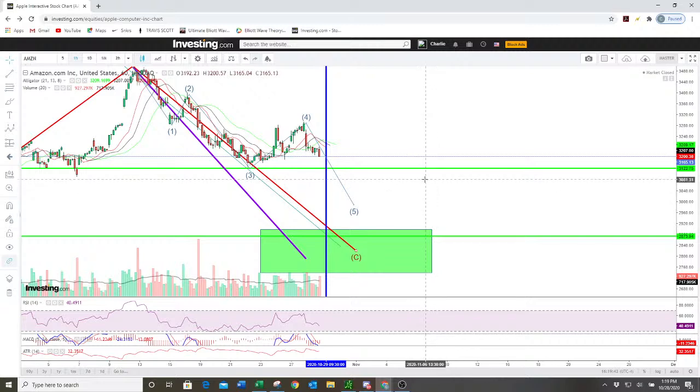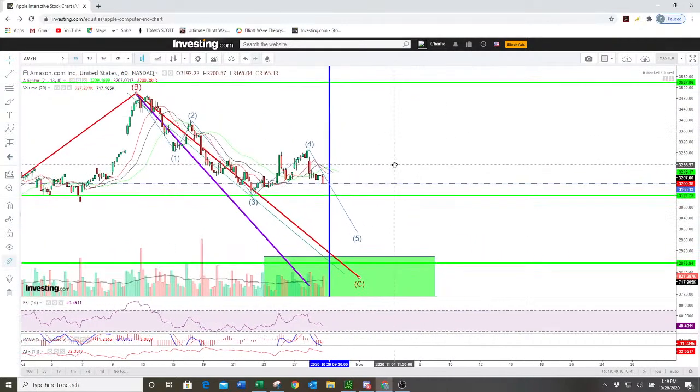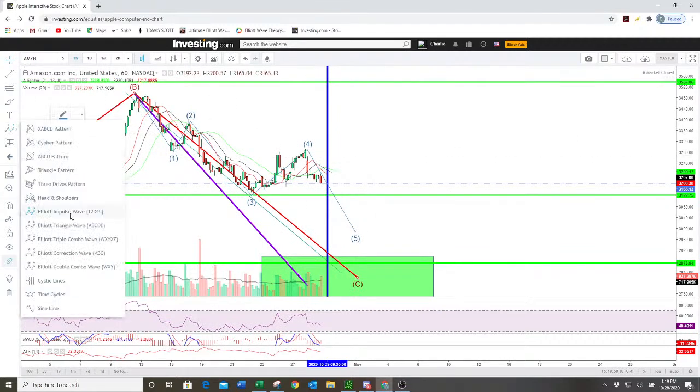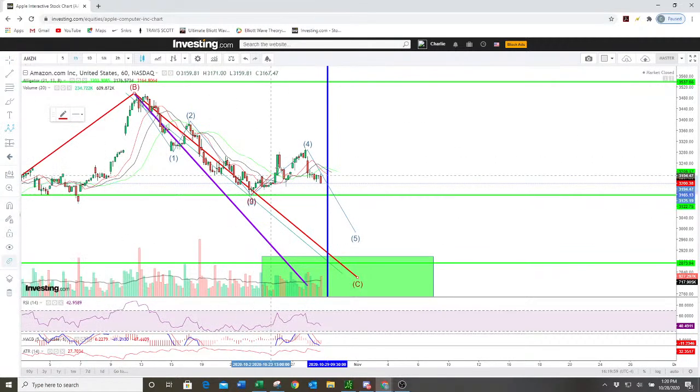We have a question here. So what happens if earnings numbers push the stock up? How does that change the wave? That's the thing, is that even if earnings are good, I don't think it does. It might just extend the move, because if this is a wave 4 here, we can see this here being an A, a B, and a C, right?